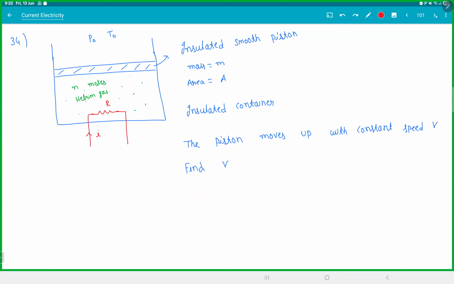What is T? Okay. So do you even read the question? Did you understand what you read? If something is changing with time, can you say it is constant? Think.